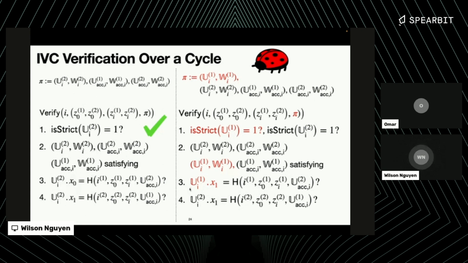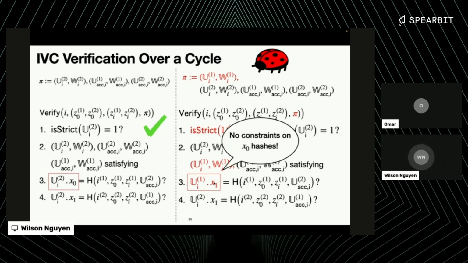But it turns out that by doing so, if you only check the x1 constraints, there's actually no constraints on the x0 hashes anymore. And so we can set the x0 hashes on the right side to just trash, and the verifier never checks that. That's the key difference that caused the vulnerability. The verifier didn't check these x0 hashes, and so we can set them to arbitrary elements.